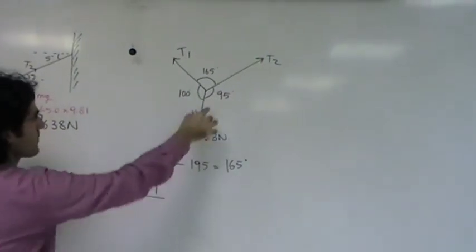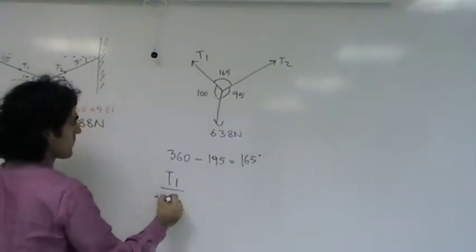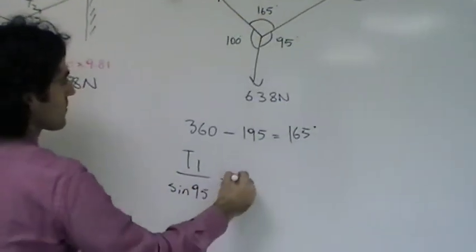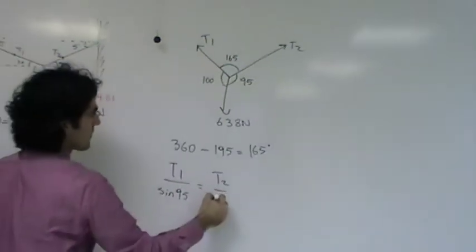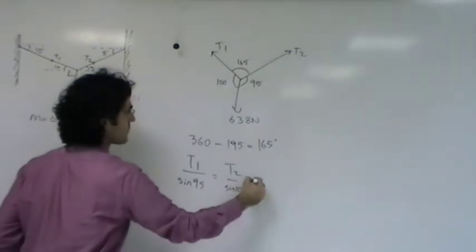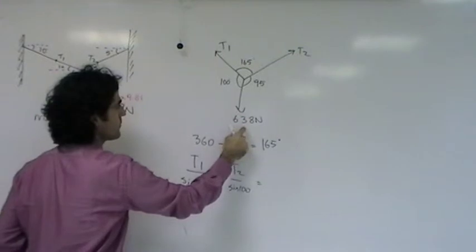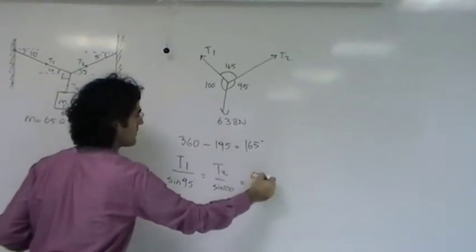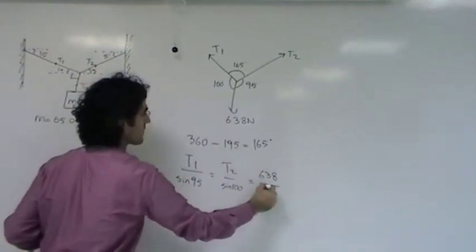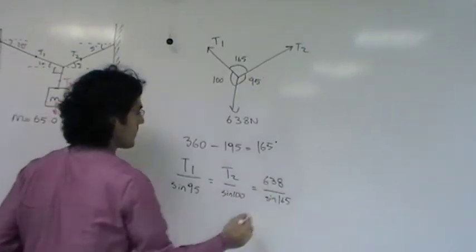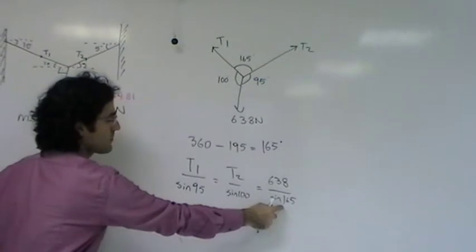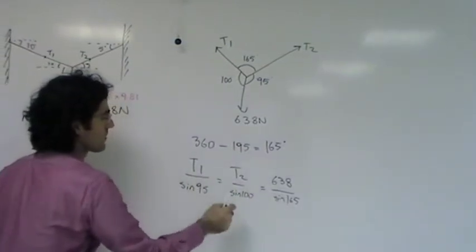T1 divided by the sine of this angle, which is sine of 95, will be equal to T2 divided by sine of this angle, which is sine of 100, which will be equal to the force applied here, 638, divided by sine of the angle right opposite to it, which is 165. So this is a given number, and using it you can find T1 and T2.